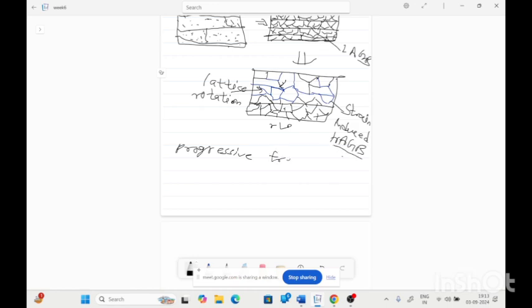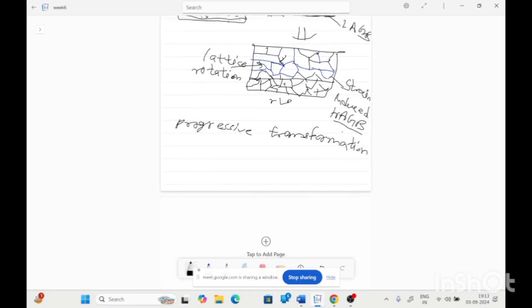So with time, all the dislocation sub boundaries which have the potential to rotate transform into high angle grain boundaries.